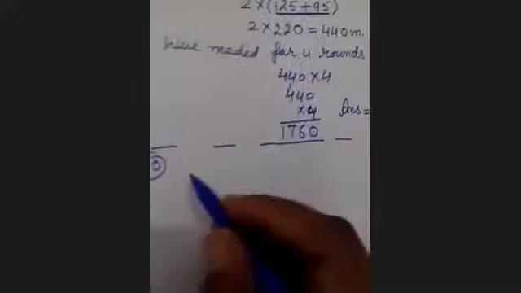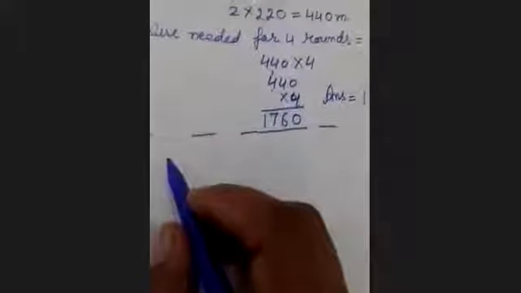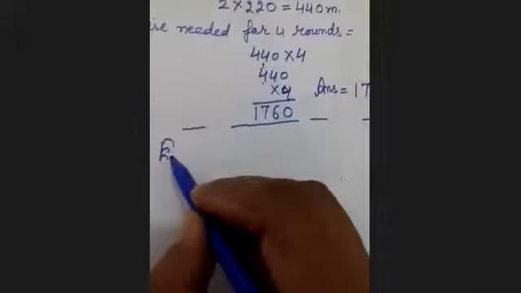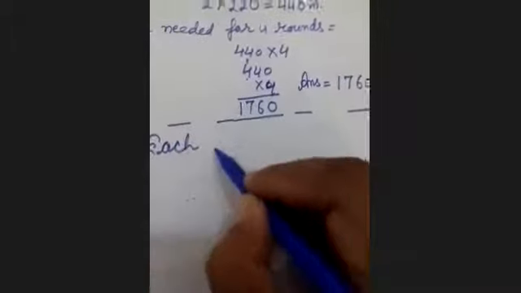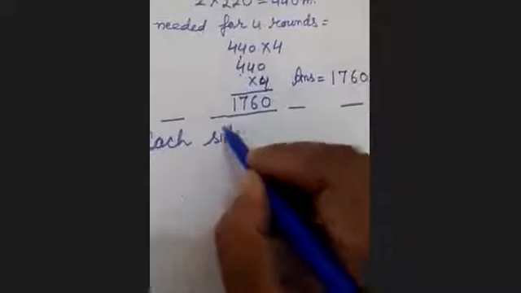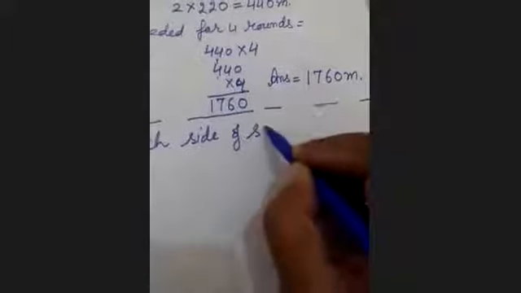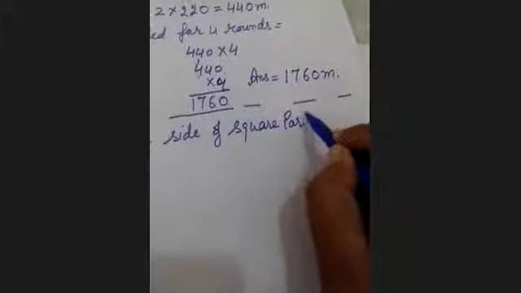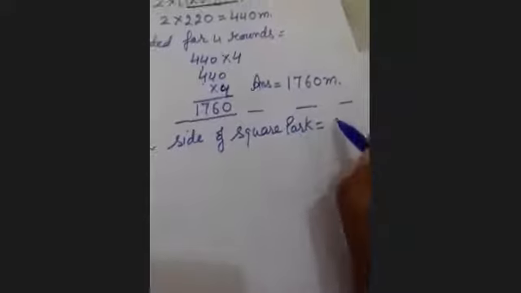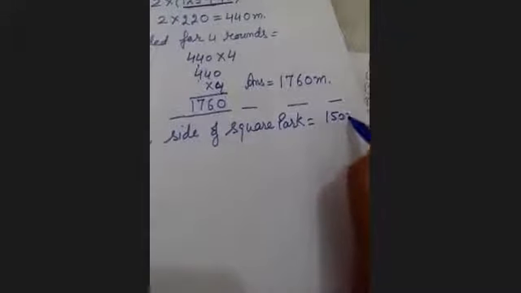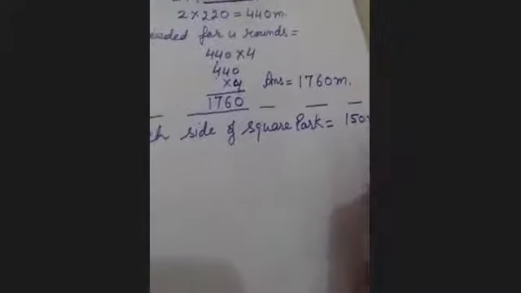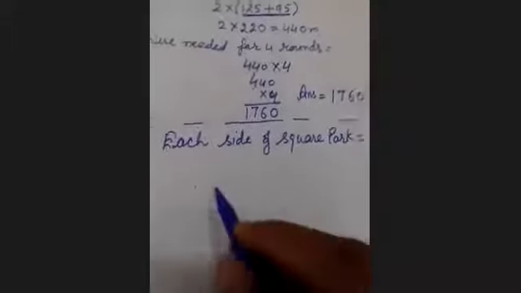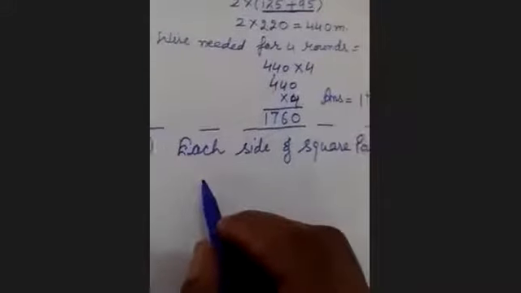Question number 10. Each side of square park is 150 meter. Now find the perimeter of square.